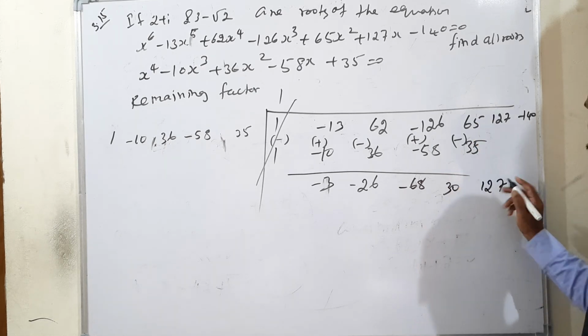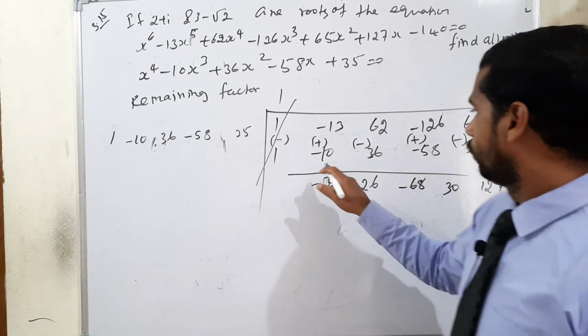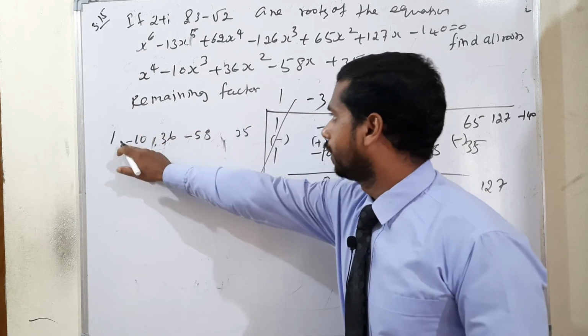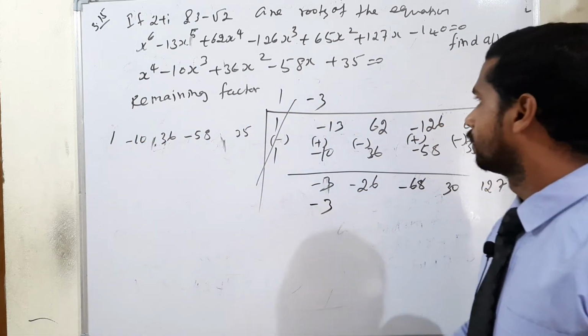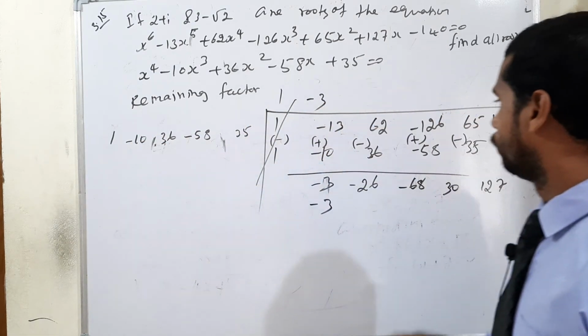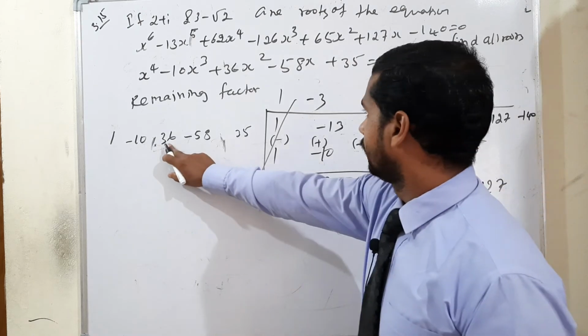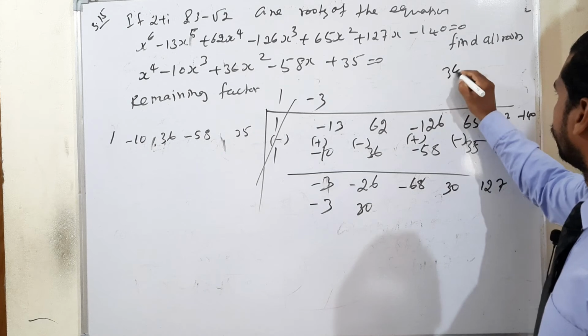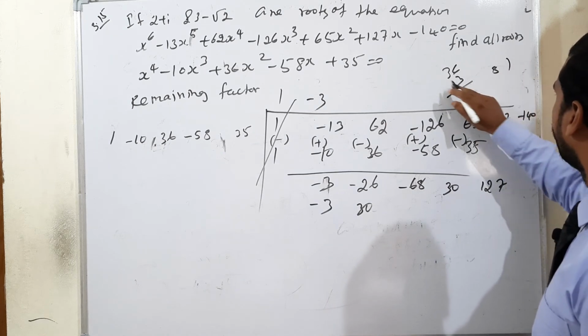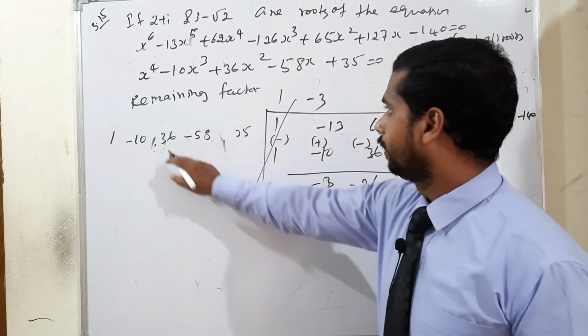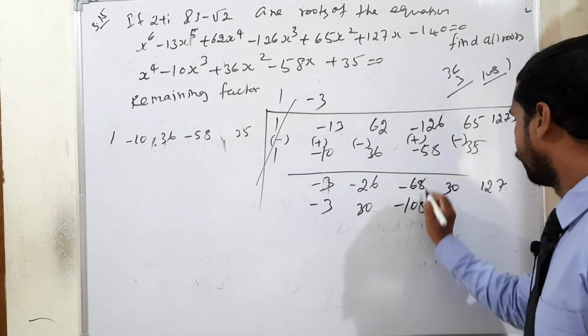Again 127 you have to bring down. The next one: what number multiplied gives minus 3? Definitely minus 3, because minus 3 into 1 means minus 3. Again minus into minus plus, 10 3s are 30. Next condition 36 into 3: 6 3s are 18, 1, 3 3s are 9, 9 plus 1 is 10, 108. But the sign is actually negative, negative 108.